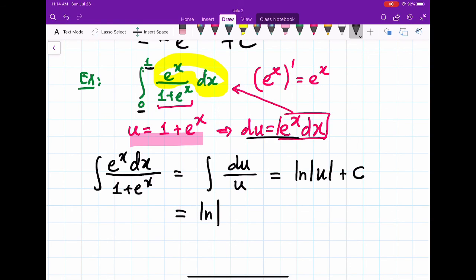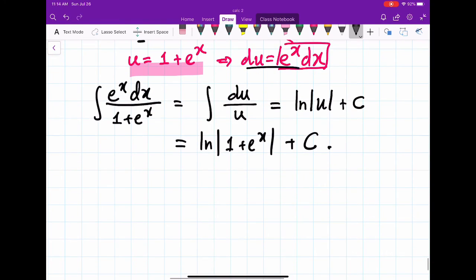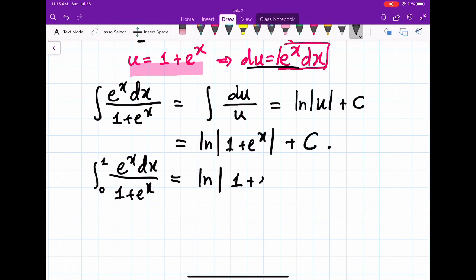And that is ln of 1 plus e^x plus c. At this step, I will plug 0 and 1 into this function. So my definite integral of e^x dx over 1 plus e^x equals ln of 1 plus e to the 1 minus ln of 1 plus e to 0.